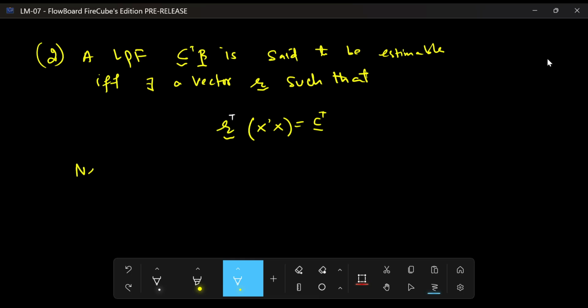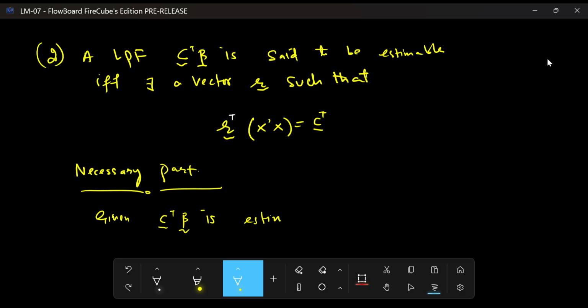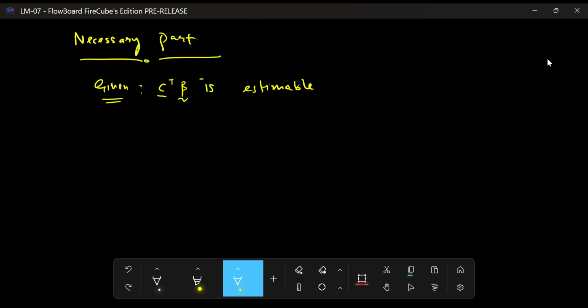Then the necessary part of this method: we are given that C curl transpose beta curl is estimable. So we need to prove R curl transpose X is equal to C curl transpose.